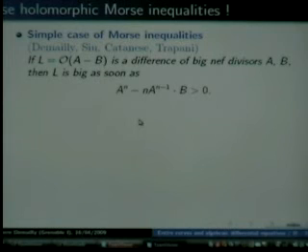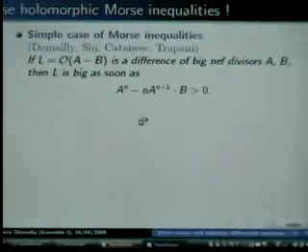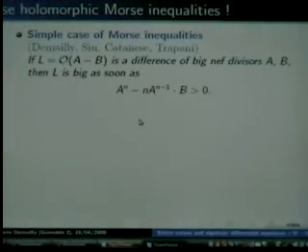This is something I first introduced very long ago, in '85. But in this situation, it's only a very, very simple special case, which tells you that if you have some numerical intersection condition, which is written down, a to the n minus n, a to the n minus 1 times b, positive, then the difference O of a minus b as a line bundle has a lot of sections.